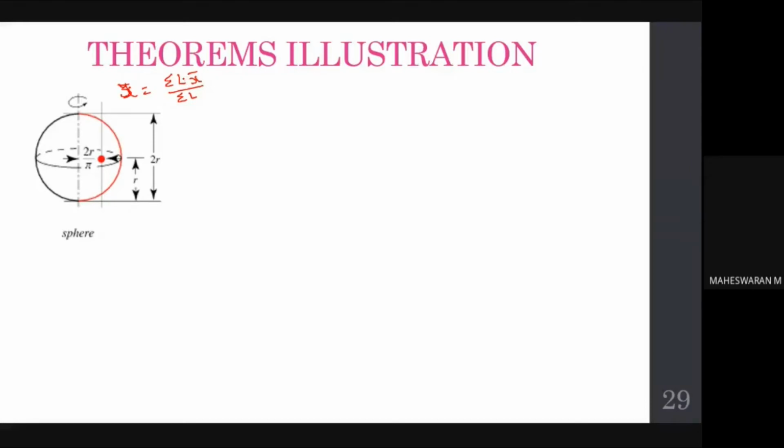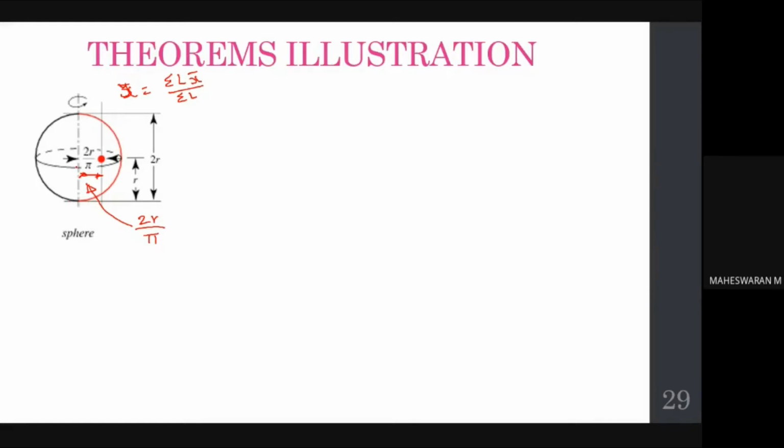If we deal with area, we put sigma A into x bar divided by sigma A. Here it is length, so for this length, your x bar is 2r by pi. That is my centroidal location of this particular curve.